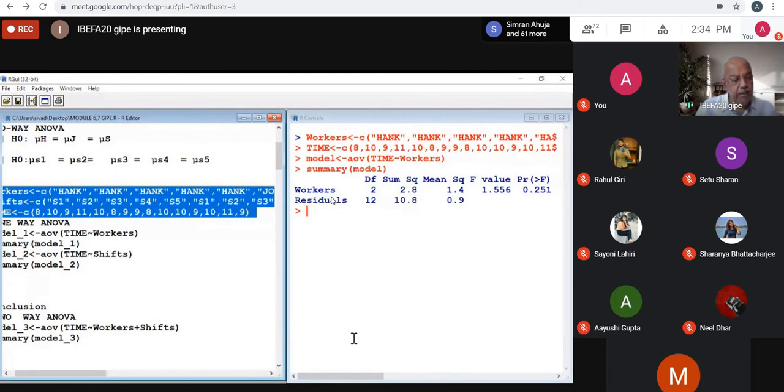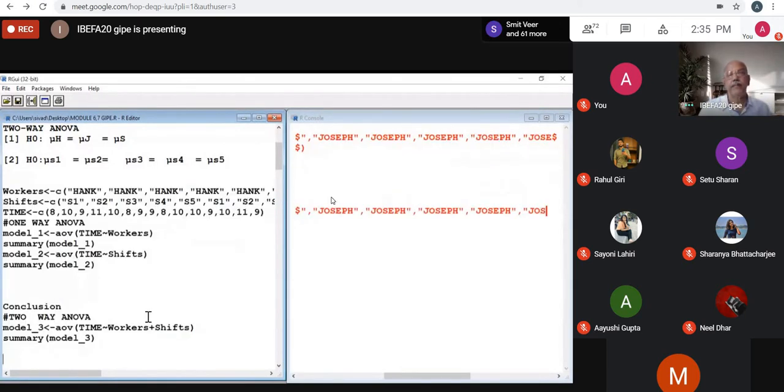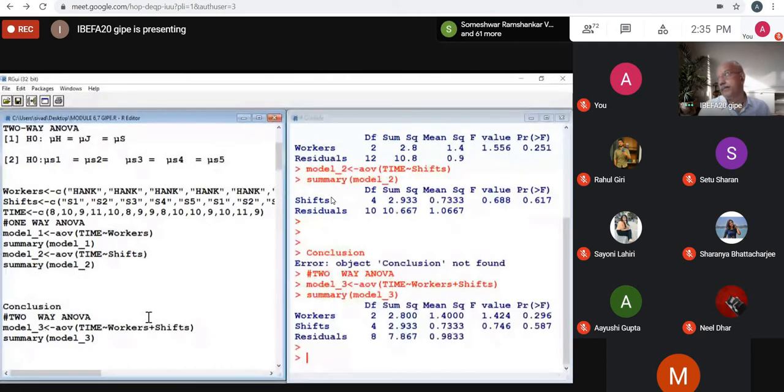So, repeat the algorithms as usual. Workers and time, shift and type, compare p-values, or directly you look at your two-way ANOVA, worker plus shift with time.